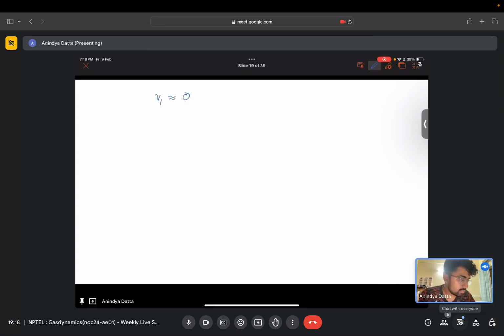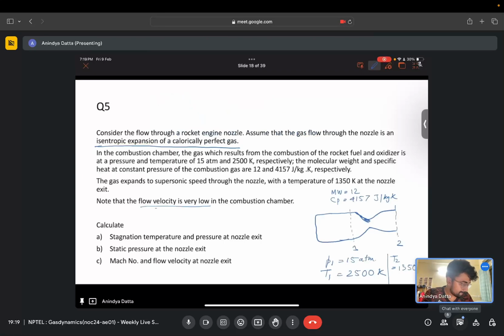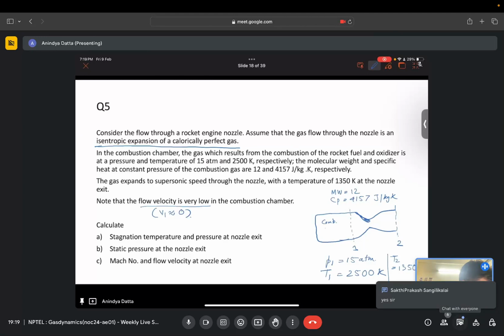If that is true, the stagnation pressure will be equal to the static pressure, which is 15 atmosphere, and the stagnation temperature will be equal to the static temperature. Let me just say this is the combustion chamber and this is my nozzle.